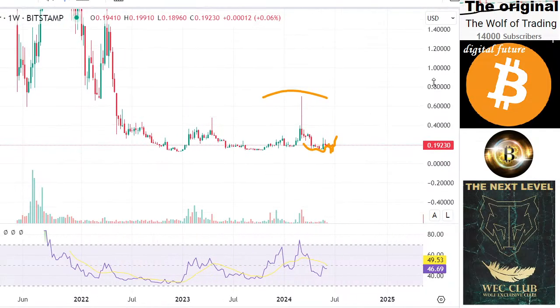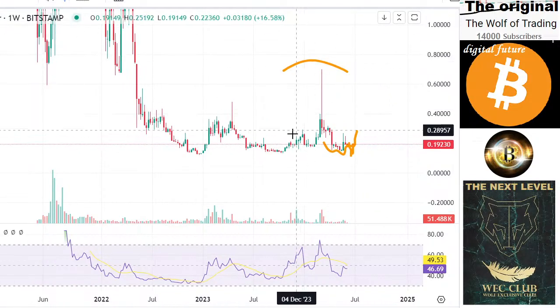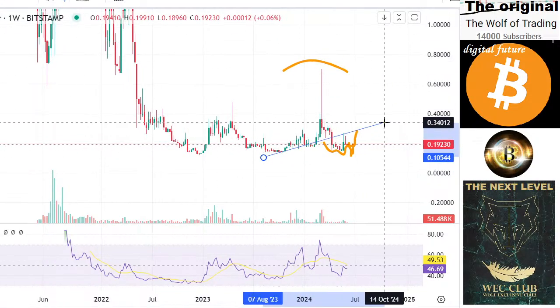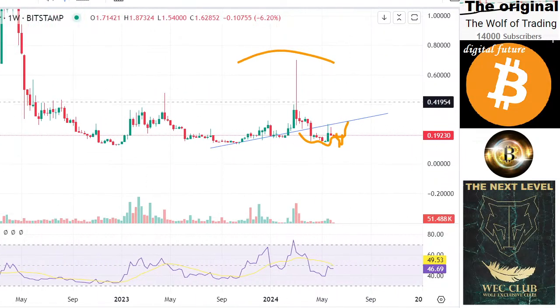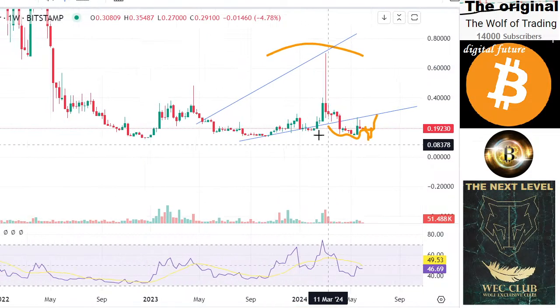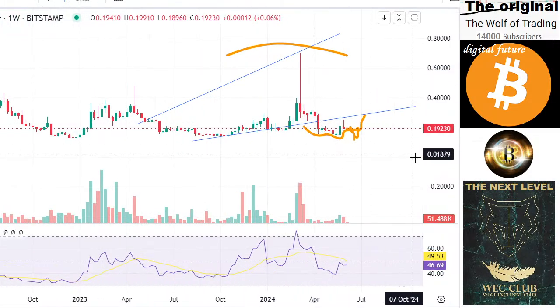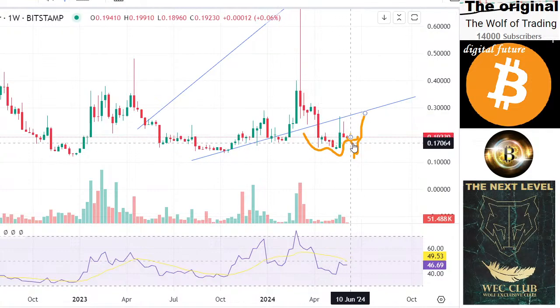You can see this. The structure is broken. Look here. You can see the uptrend here, and we are below the uptrend. And this is our channel. Look here. This is our channel here. Megaphone pattern. You can see the price breaks down here and makes a retest.